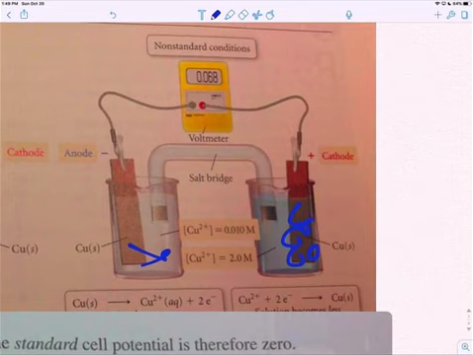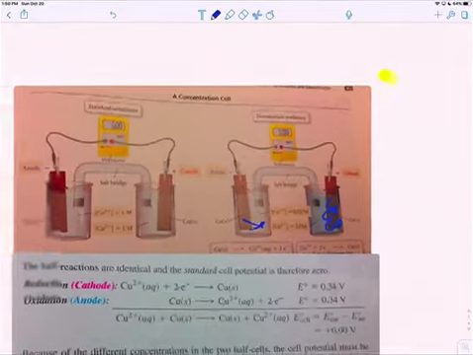And what is going to happen with this solution, if you hook it up, you get a small amount of current flowing. The copper metal in the weak dilute solution is going to start going into solution, and the copper in the more concentrated solution is going to grow, and it's going to continue to grow until the solutions equal out in concentration, and then the potential will be 0.